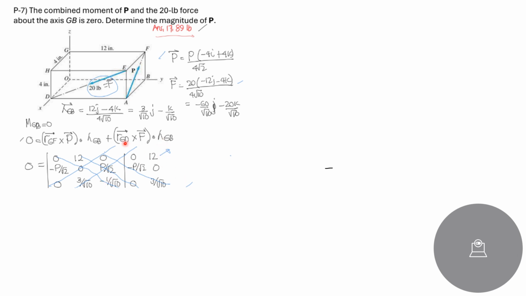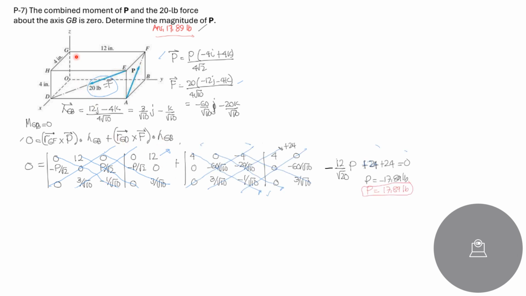Then plus RGD, G to D, this one, to the line of action of F. And that is 4 along X, then down 4 along Z. So that would be 4i, negative 4k. So 4, 0, negative 4.